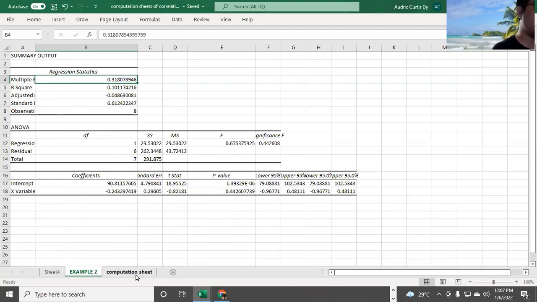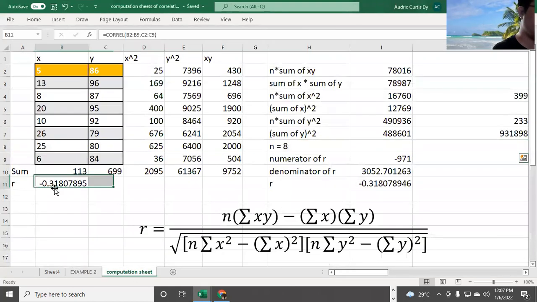In absolute value lang siya kaya naging positive. Pero ito yung totoong correlation. So nagsascatter siya negatively. So negative yung dots niya.